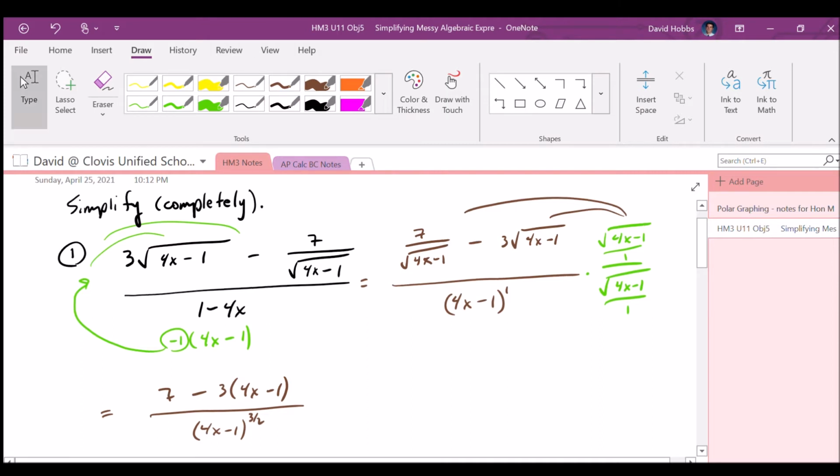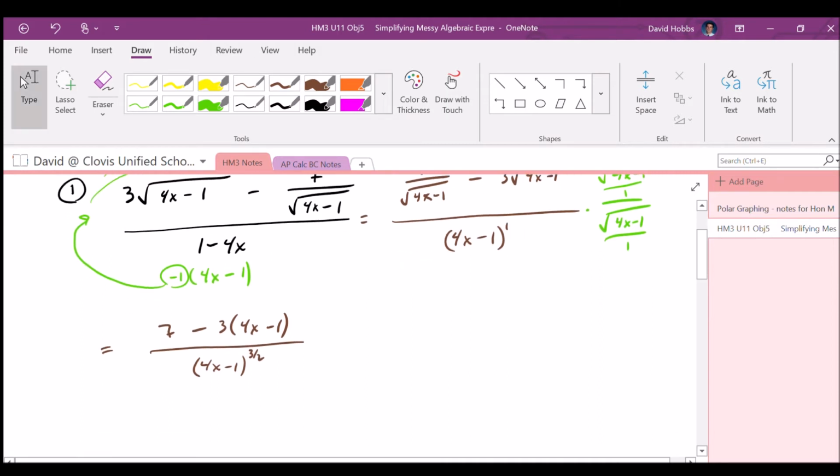We don't have to write the first power. Now, some of you perhaps might be tempted. You see the 4x minus 1s and you want to reduce. Do not reduce here. The numerator is not in factored form. You do not reduce unless you're in factored form. The numerator has a minus up there in between. So, can we factor something out and clean it up more?